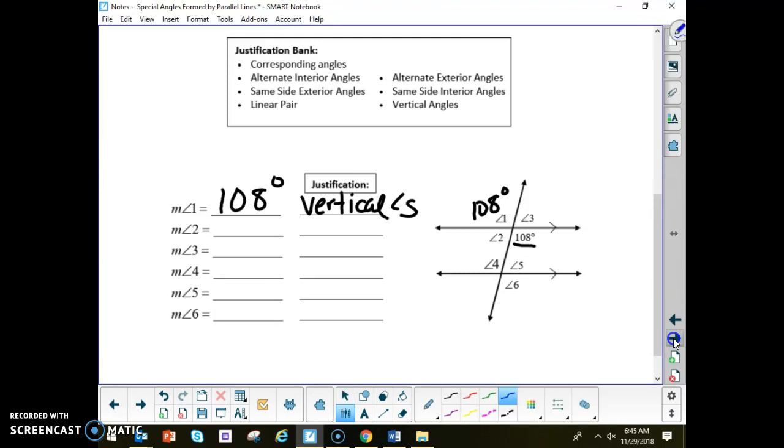Angle 2, these two are linear pairs, so I know that this is going to be 72 degrees. So angle number 2, 72 degrees, and this is by a linear pair. Angle 3 is also 72 degrees, and this is because of vertical angles again.